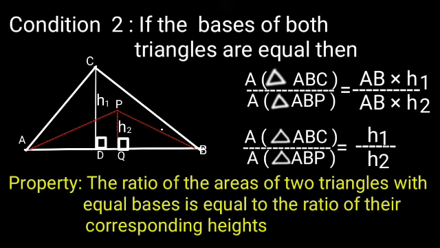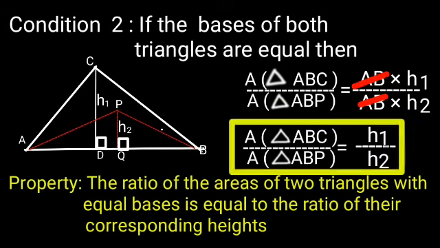Hence the area of triangle ABC upon the area of triangle ABP is equal to base AB into height H1 upon base AB into height H2. AB is the same factor, so that will be cancelled.